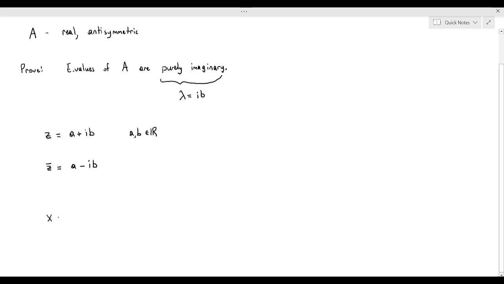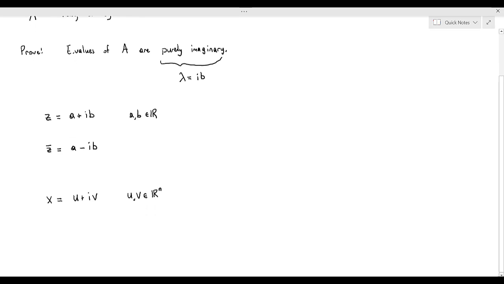Similarly, a complex vector can be written in the form u plus iv, where u and v are both real vectors, say vectors in Rn. And likewise, we can talk about the complex conjugate of a vector, so x bar, and it works in exactly the same way. You just change the sign in the middle, okay?